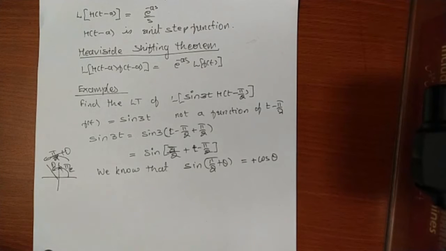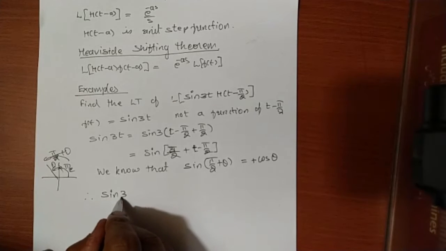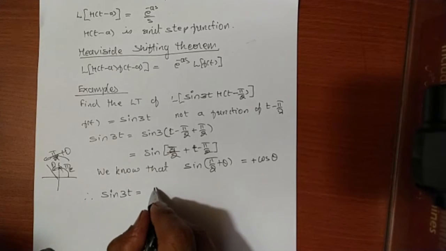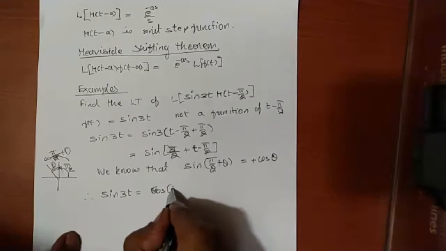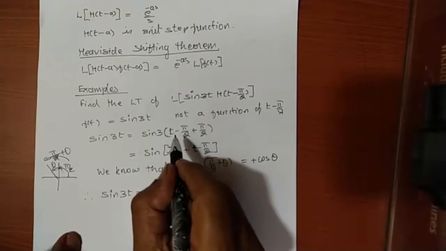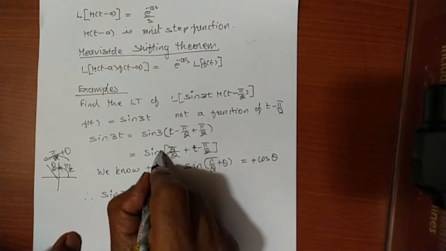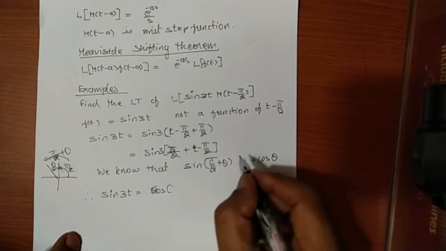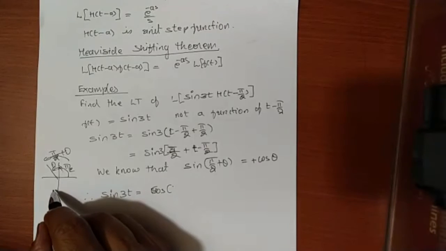Therefore, sine 3 times t will be... sorry, I'm really sorry. See, 3 pi by 2 plus theta: 1 pi by 2, 2 pi by 2, 3 pi by 2.